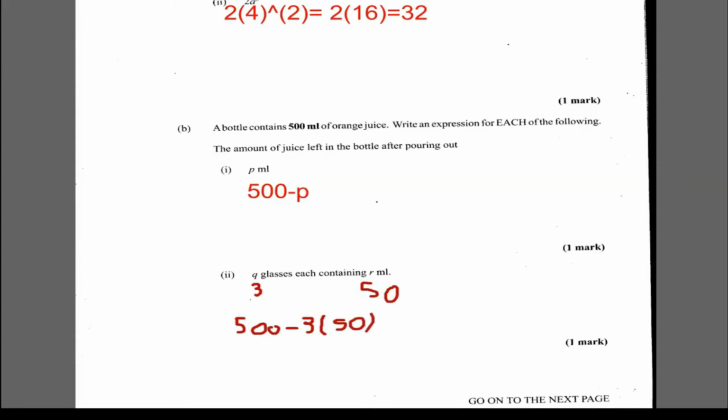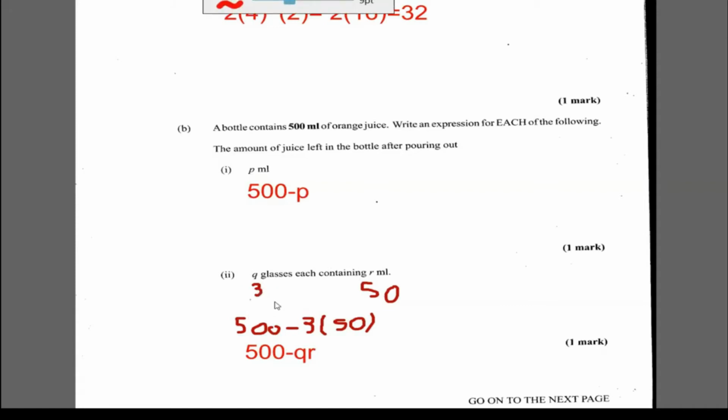So imagine if there were no numbers there. Take away the numbers now. It's going to be 500 minus the number of glasses, which is Q, times how many milliliters each glass contains, which is R. So it's 500 minus QR. You don't need the numbers there; this was just to help you understand the concept. Ignore the 3 and the 50.